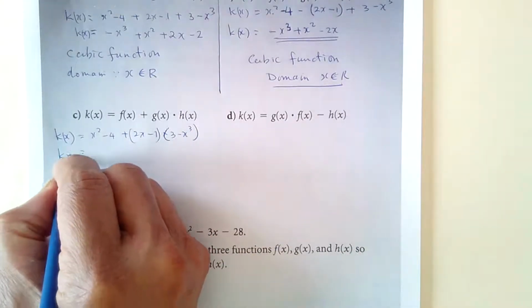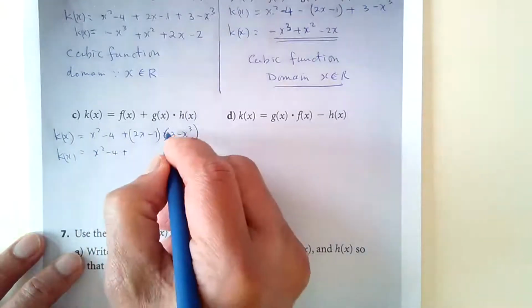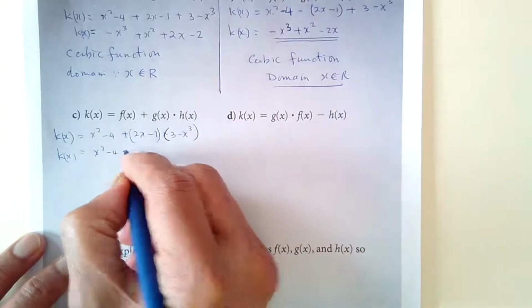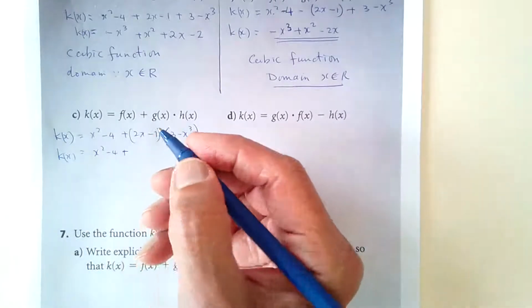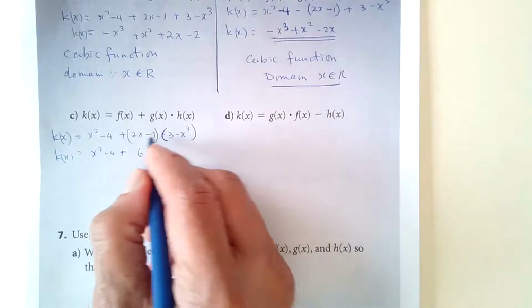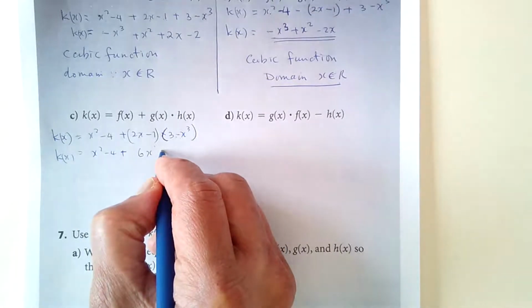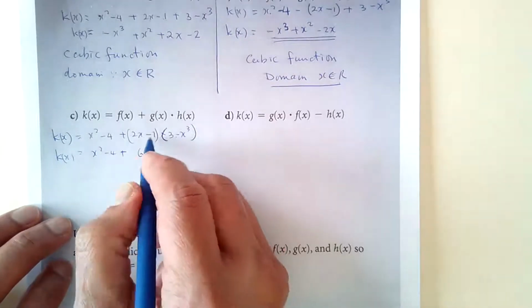So k of x, we have x squared minus 4 plus, multiply these out. We ended up with 6x, 6x, then we have, how many x cubed do we have here?